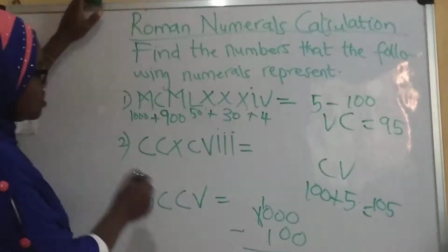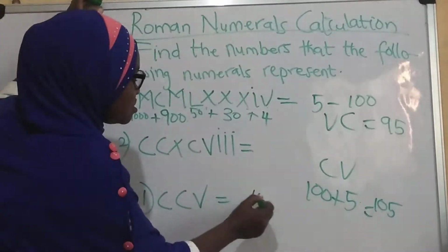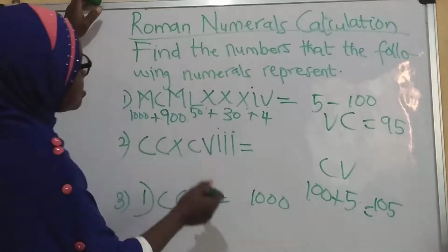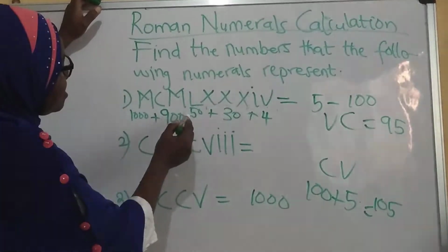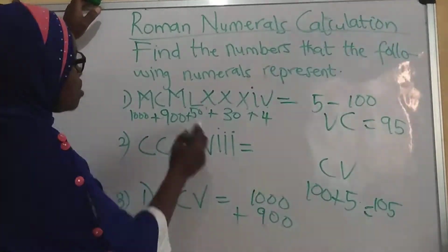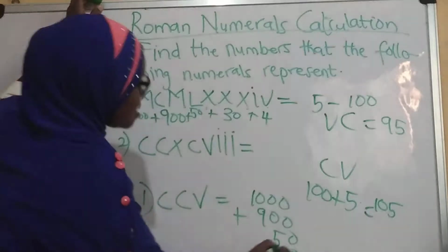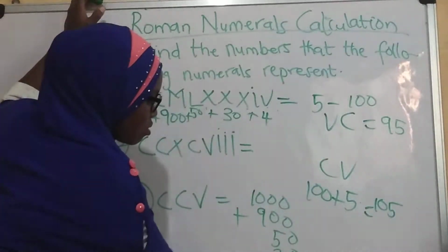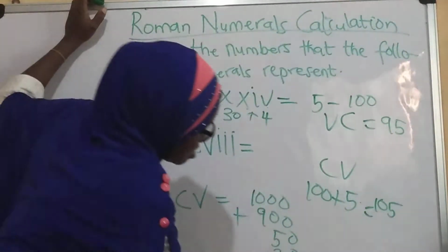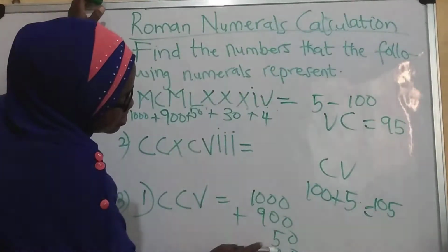So 1000. So I have 1000 plus what? 900 plus 50 plus what? 30, and then plus what? 4. Let's add 0 plus 0 plus 0 plus 4 is what?